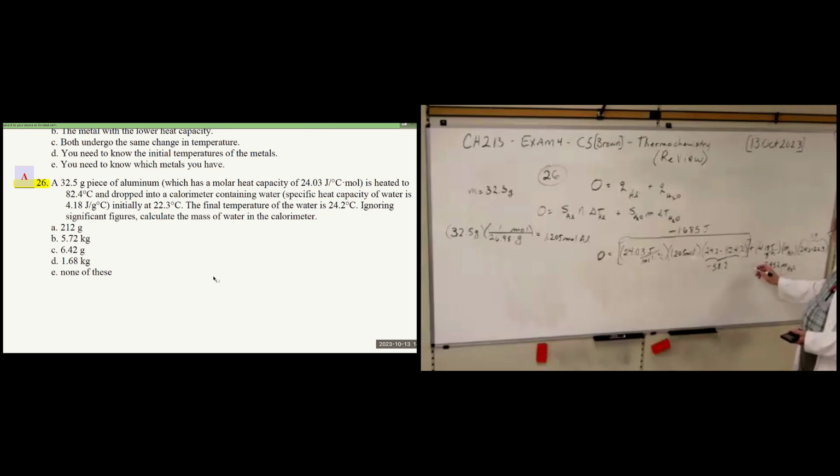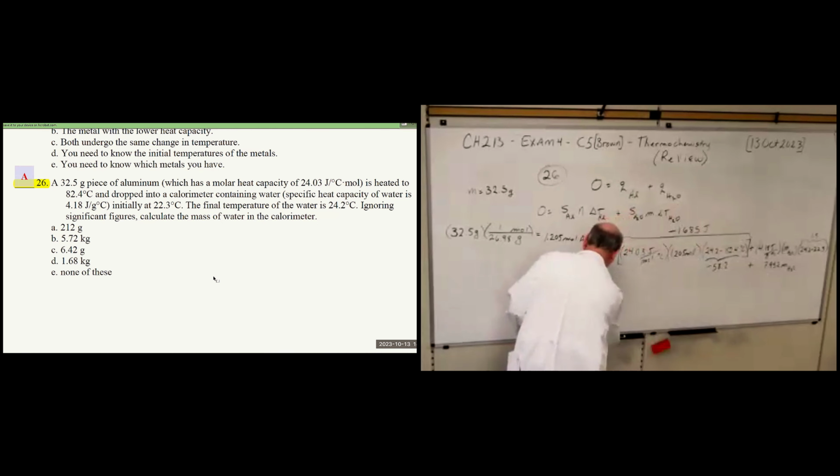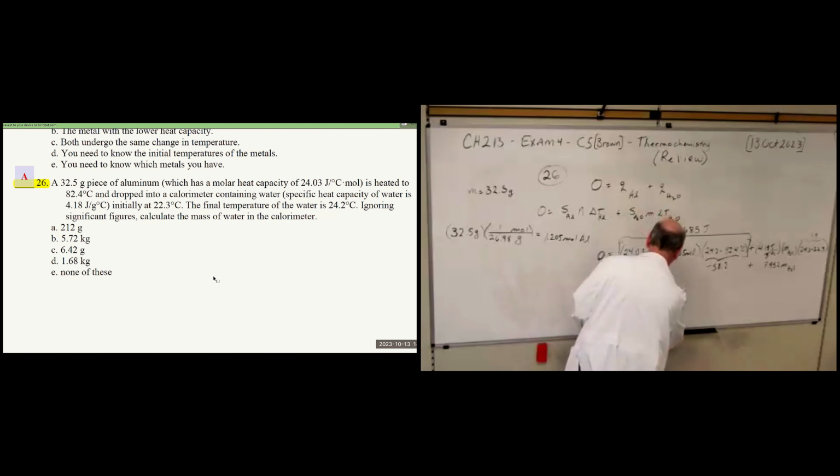Okay, that's a plus. All right, so let me bring everything down here. 0 equals minus 1685 joules plus 7.952 mass of the water.